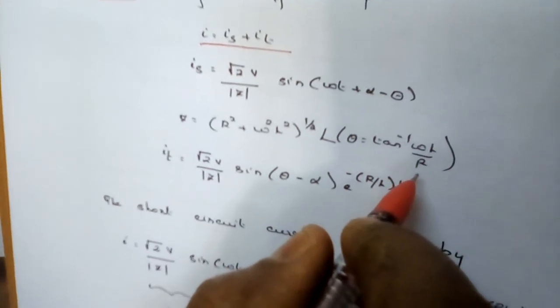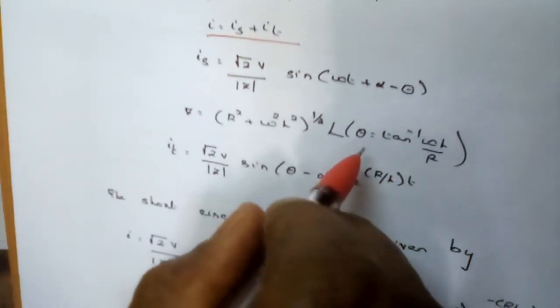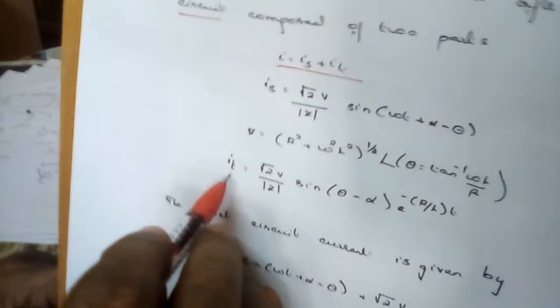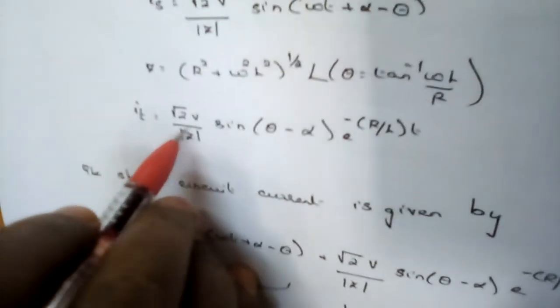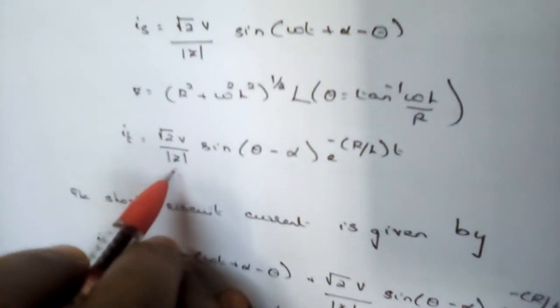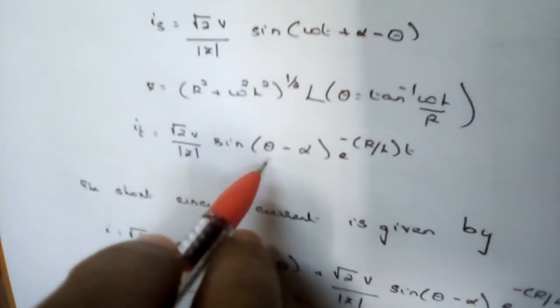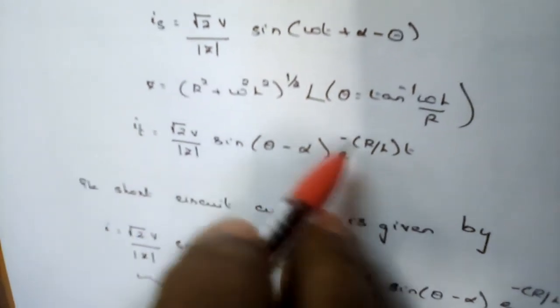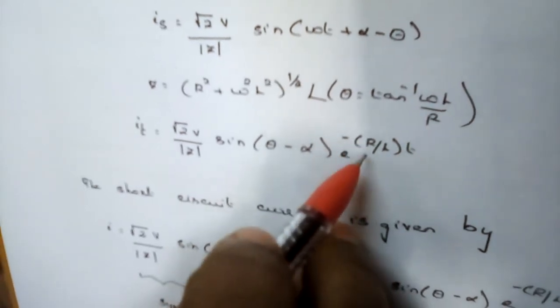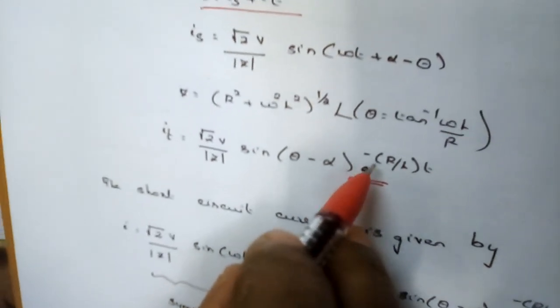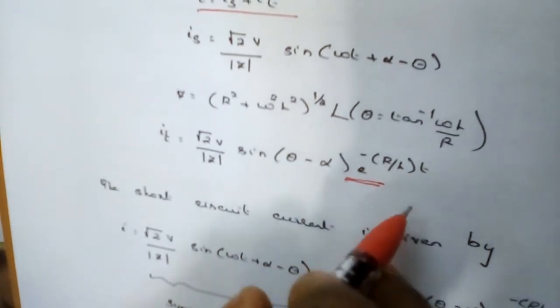In the case of a series RL circuit, angle theta will be equal to tan inverse of omega L by R. And the transient current i_t is given by the formula root 2 V by modulus of Z, that means the modulus of impedance, sine(theta minus alpha) e power minus R by L t. Since it is the transient, we are providing a decaying part, e power minus R by L t.